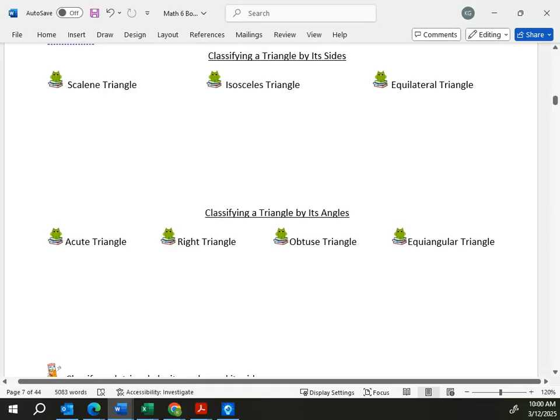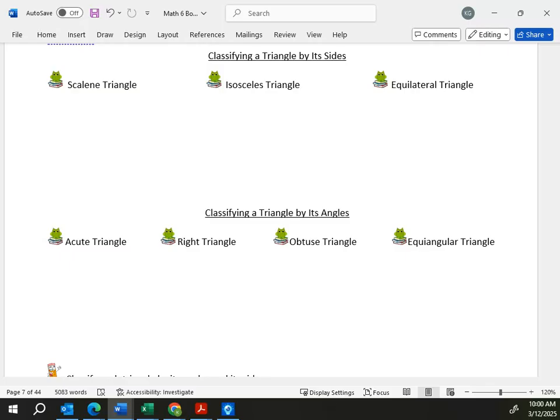So our definition is going to have to do with the side lengths. So a scalene triangle, has anybody ever heard of a scalene triangle? A couple of us are saying, ooh, I've heard that. Do you know what a scalene triangle is? Do you remember it without looking at the definition that I just gave you? What is it?